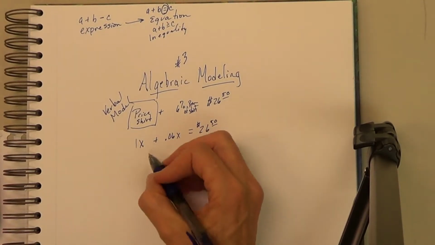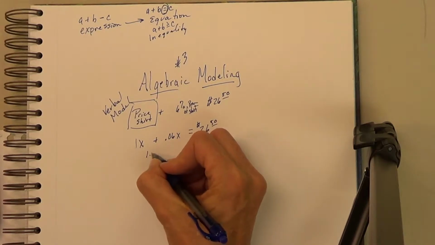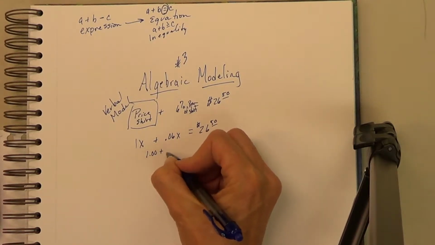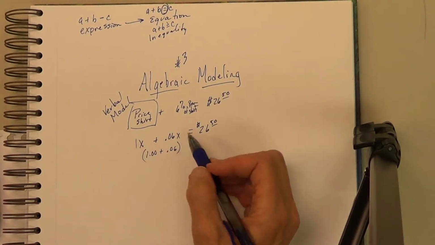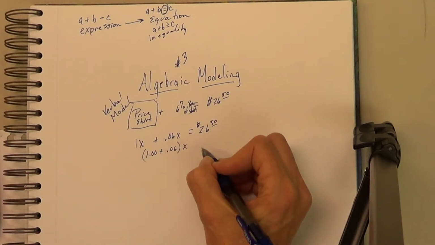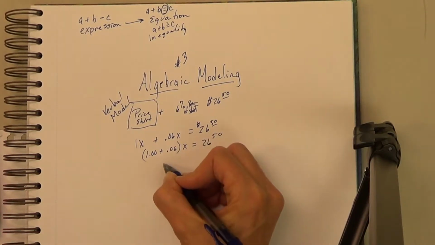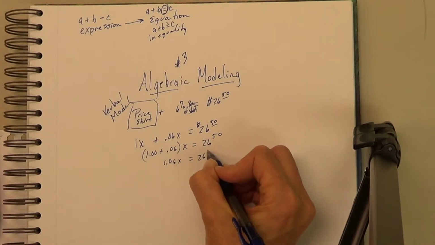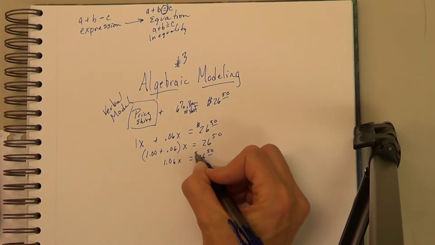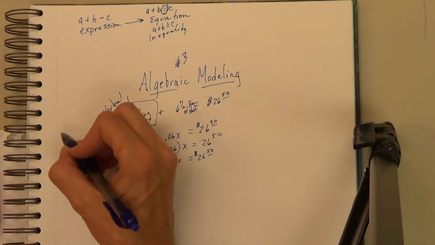So now we can add these two together. 1.00 plus 0.06. We can distribute this x back out, and we find that we have 1.06x equals 26.50.